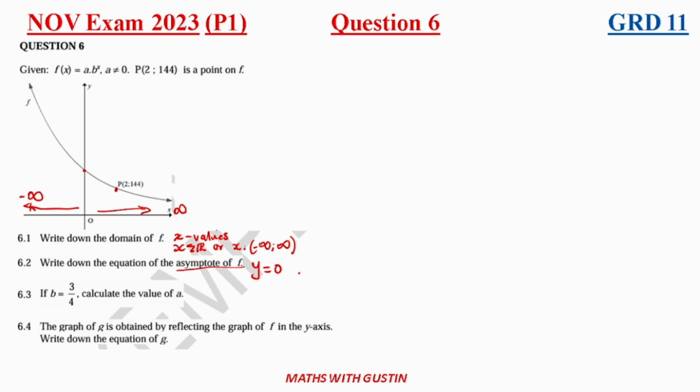This is the equation of the asymptote, where it's not going to touch the x-axis. If it were not touching the y-axis, our equation would just be x equals 0 in this case. So this line is x equals 0, and the x-axis is given by y equals 0. I hope you understand that, guys.